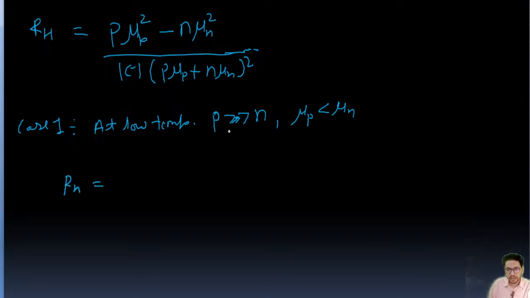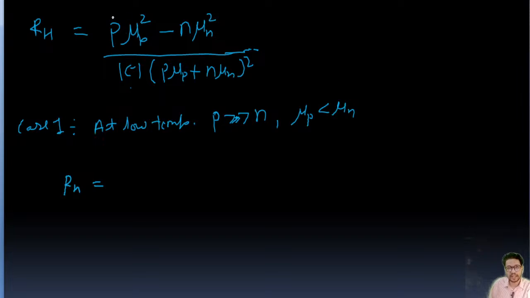Since P, that is the charge density of hole, is very high compared to N, this term is going to be very high, though mu P is less than mu N. Mu N is greater than mu P, but this term is going to be very high. So this is going to give a plus value, because in the denominator this is a mod value and this is a whole square, so the denominator will always be positive.